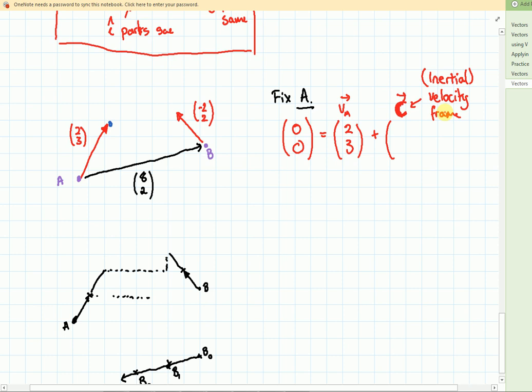So we're going to say the inertial frame is going to be based upon a Cx and a Cy. By fixing A to make it 0, Cx and Cy, everything moving to this needs to be corrected by -2, -3. That's what we need to do to the velocity for B to make it fix.